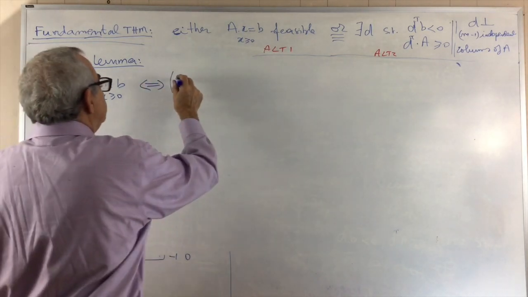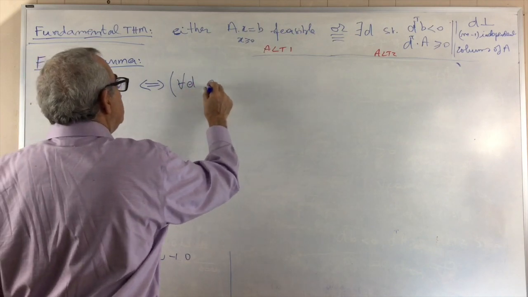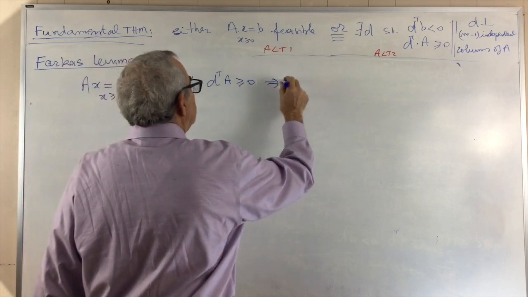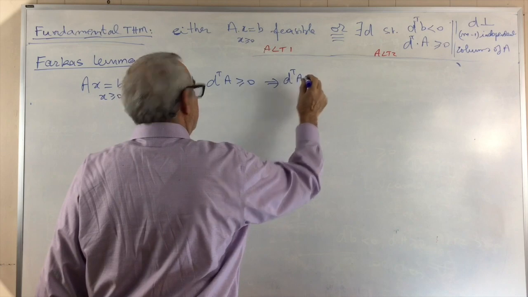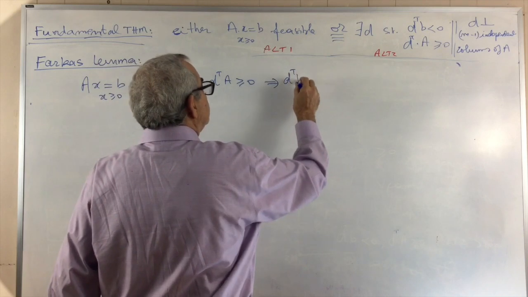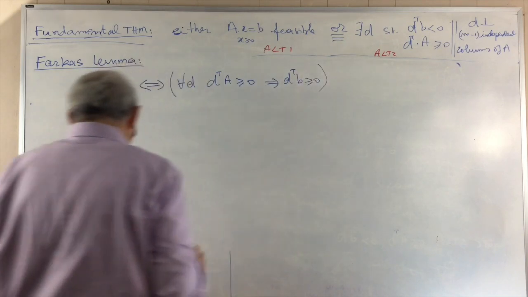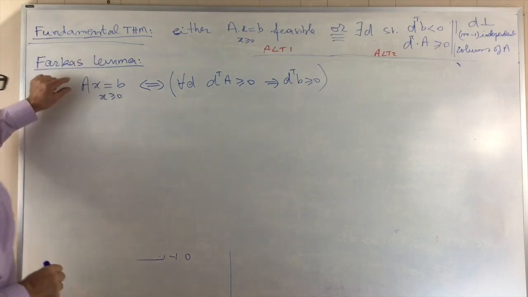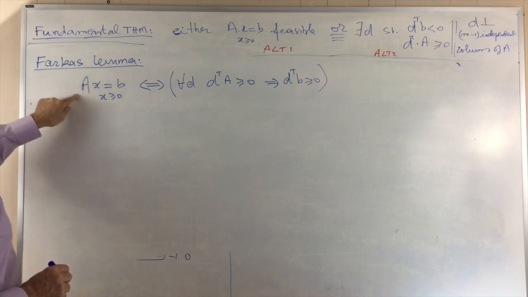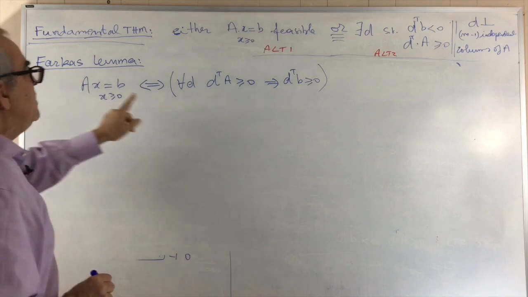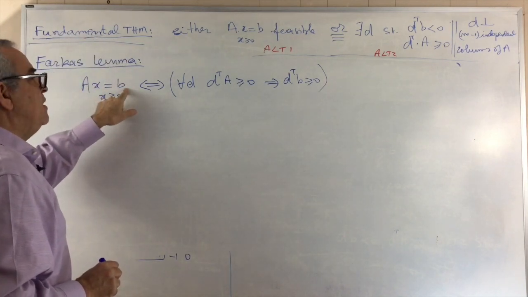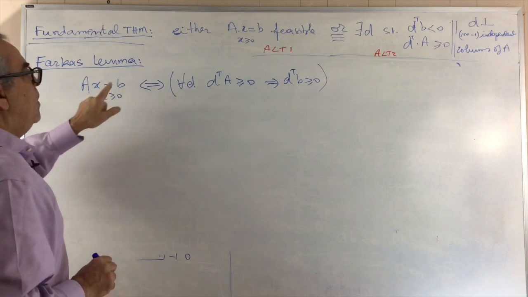For every d, d transpose A greater or equal to 0 implies d transpose b greater or equal to 0. In other words, if I take any linear combination of the rows of A, and that linear combination is greater or equal to 0, then the same linear combination of b will be greater or equal to 0.